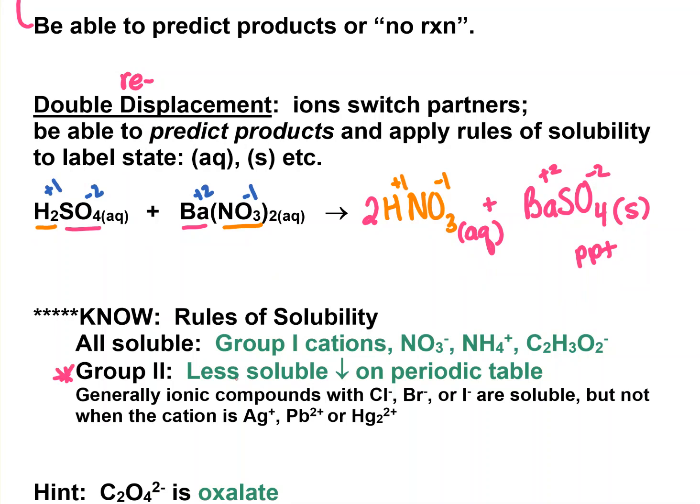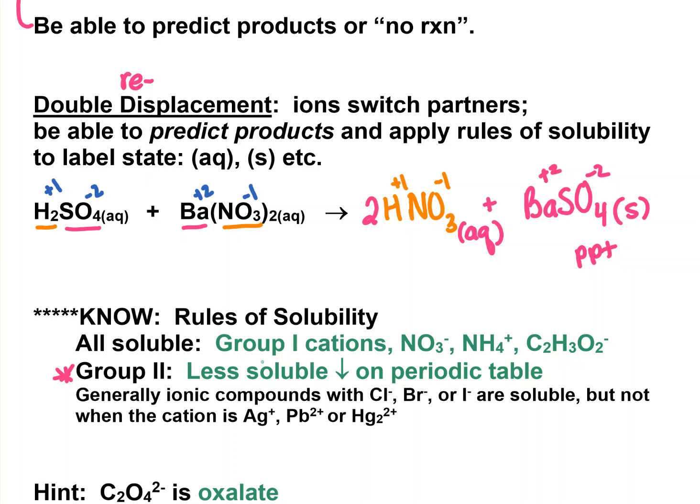They form less soluble compounds, or fewer soluble compounds, as you move down the periodic table. In other words, barium is the lowest one that you will use, and you'll see that it forms a lot of precipitates. And magnesium at the top, you'll see you don't get very many at all, or if at all.